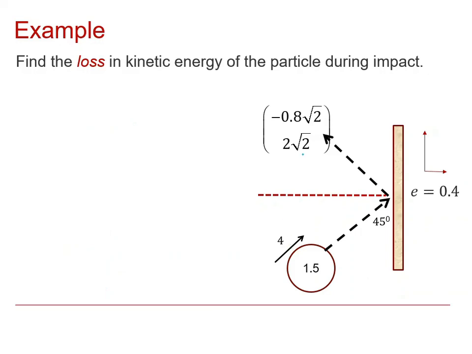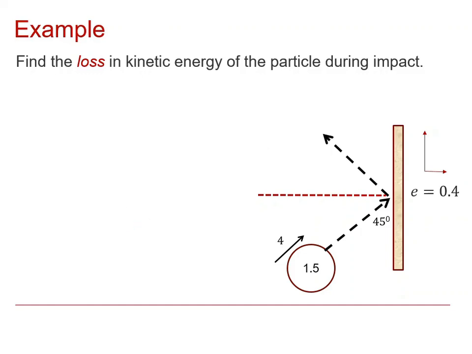We'll need to work out the speed to finish with if we're talking about kinetic energy. So that's done by the Pythagorean calculation, the square of each component added, and take the square root. You can just about do that in your head. 0.64 times 2, that's 1.28, plus 2 root 2 squared is 8, so the square root of 9.28.